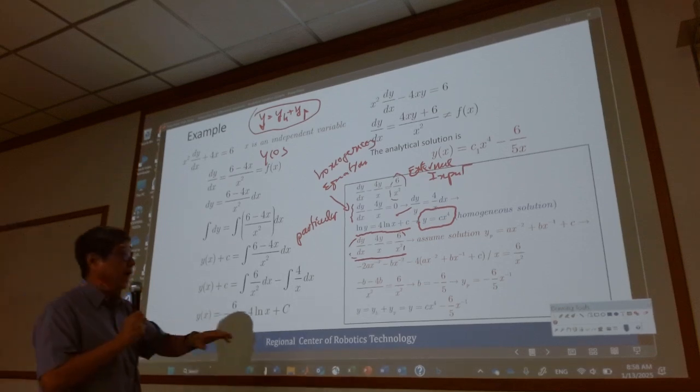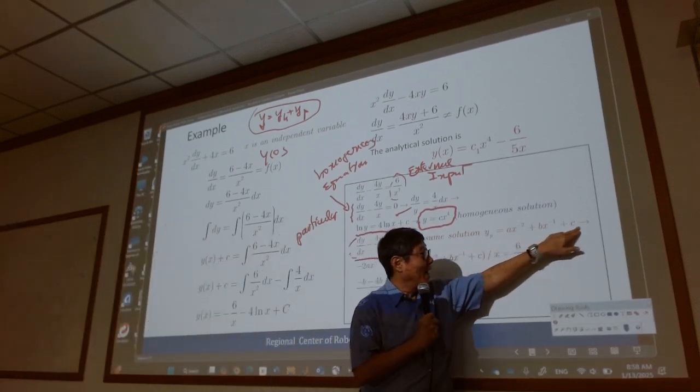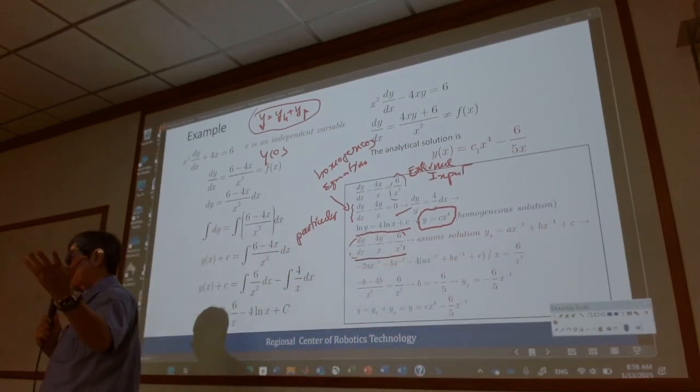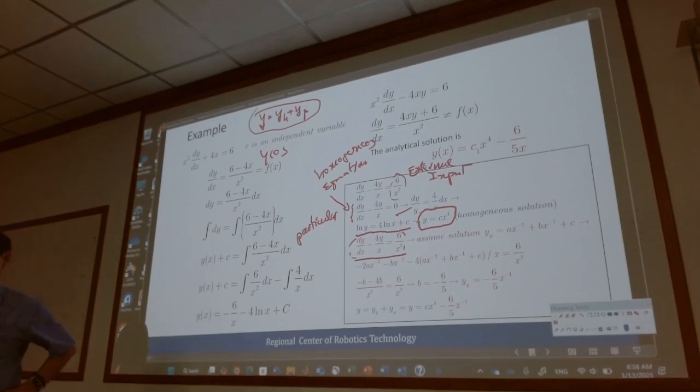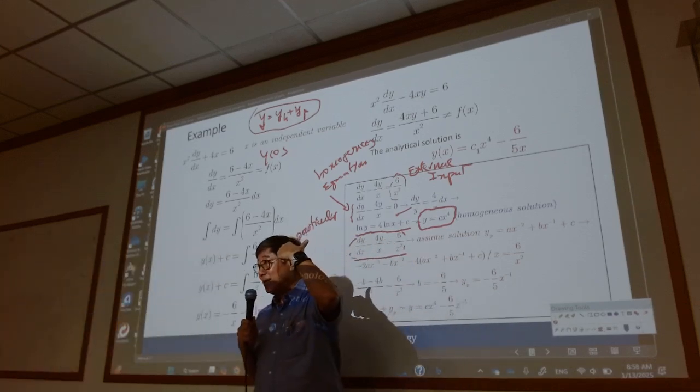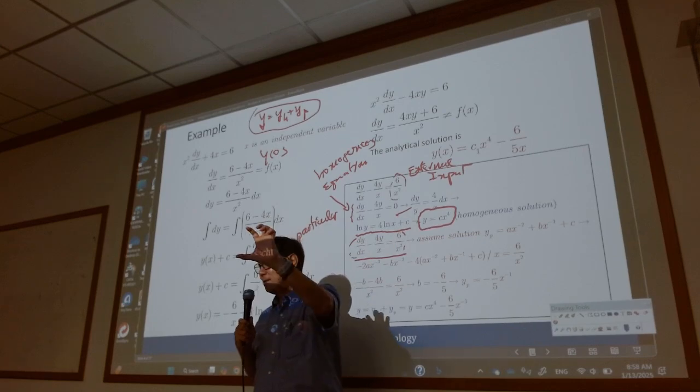In this case, I assign this form, where A, B, C are some constants. Why I assume this, some experience, but we have some methods as well.